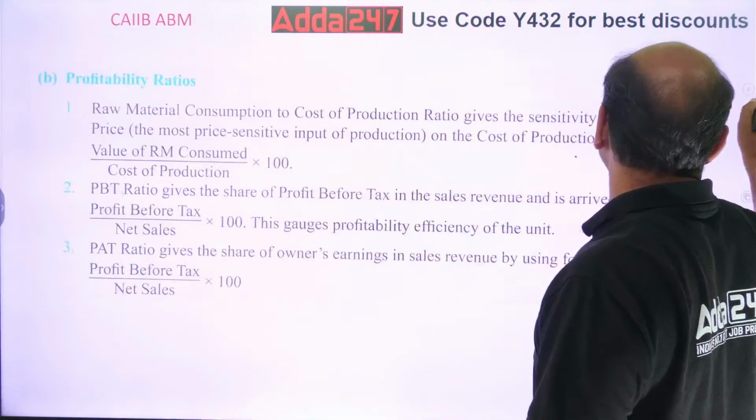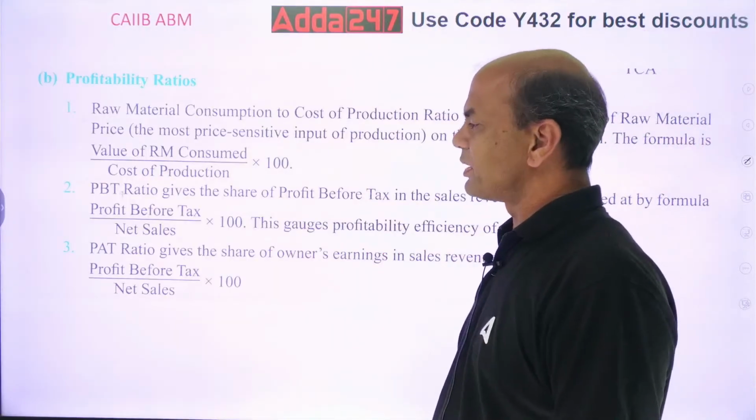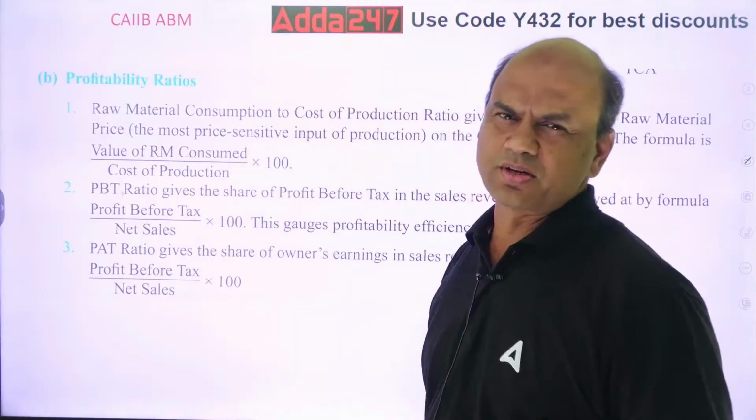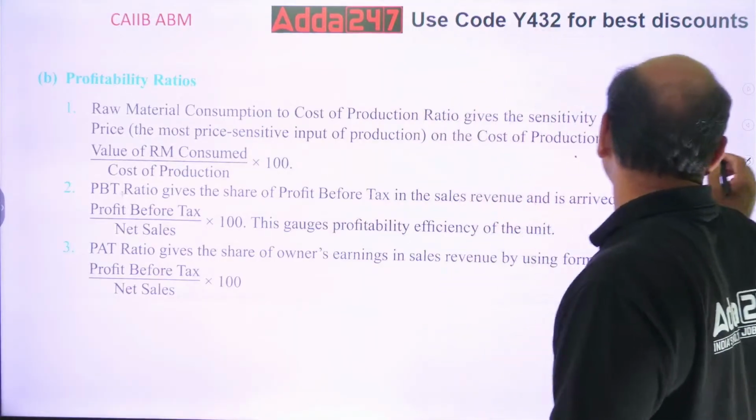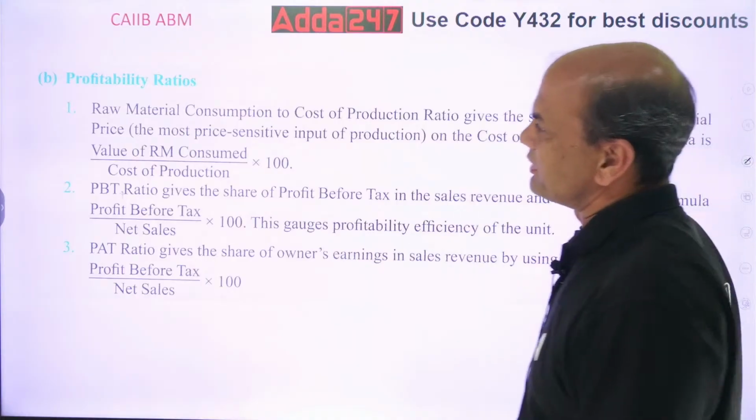Next we have profitability ratios. In profitability ratios there are various ratios, roughly 7 or 8. We'll study them one by one.